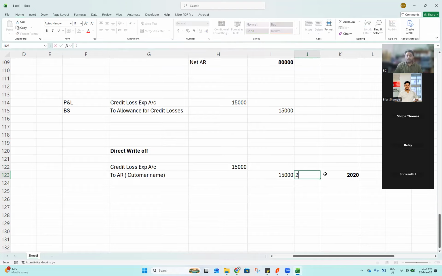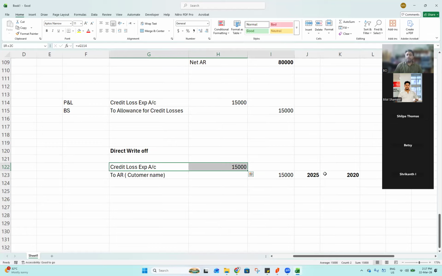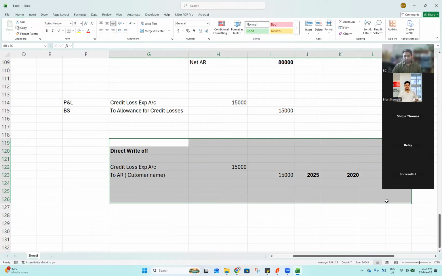They liquidated in the 2025 balance sheet. So now you are going to write off this 15,000 in your current year P&L, correct? So this 15,000 doesn't match with your current year revenue. That is a problem with the direct write-off. GAAP doesn't allow this.